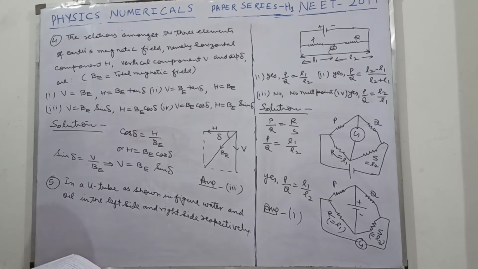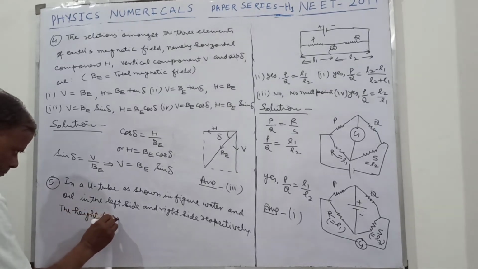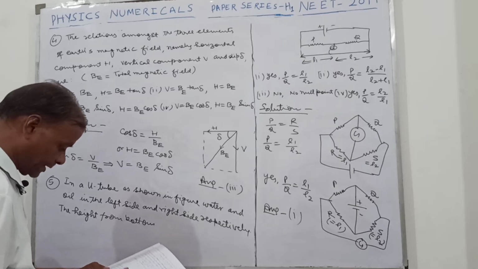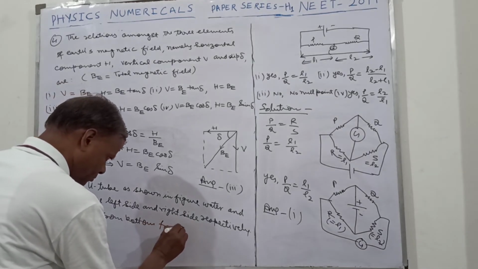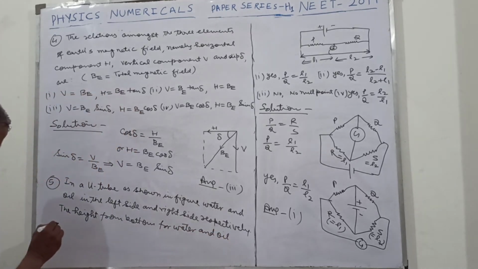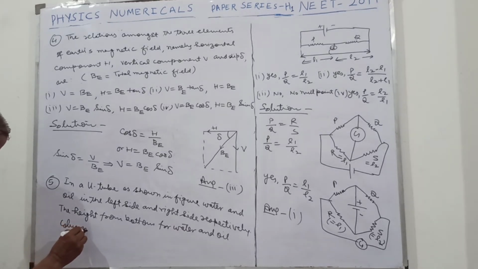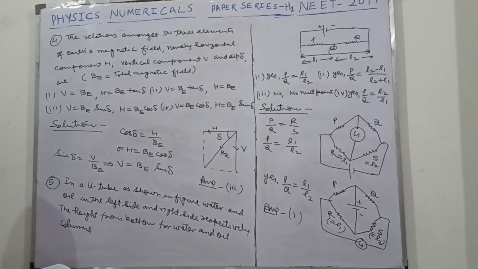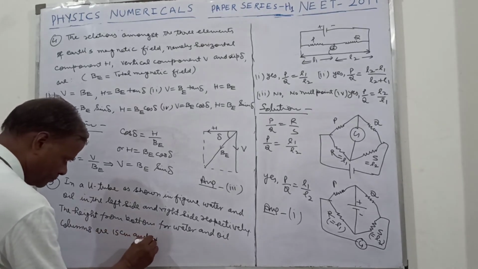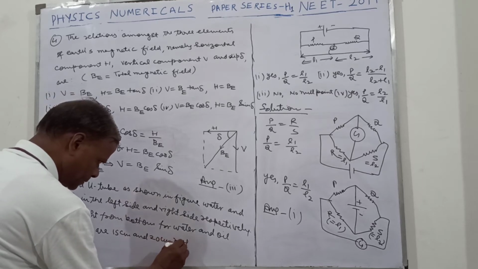The heights from the bottom for water and oil columns are 15 centimeter and 20 centimeter respectively.